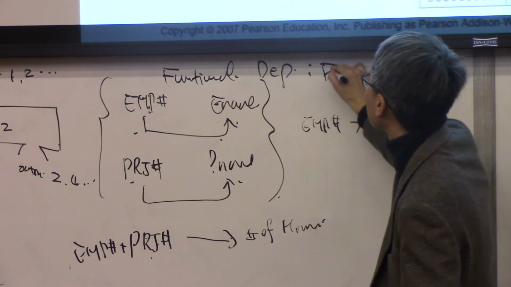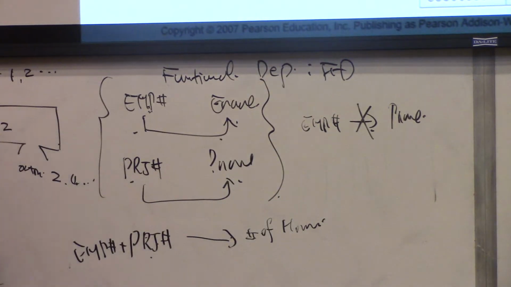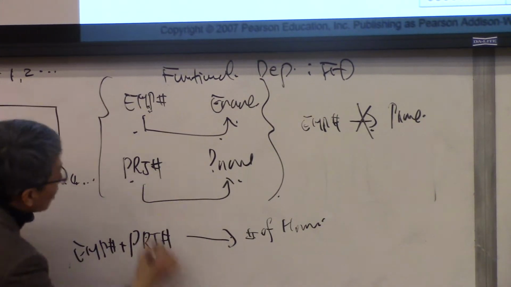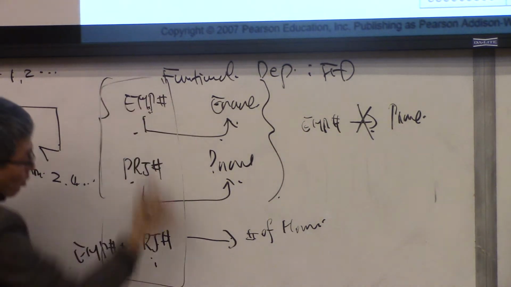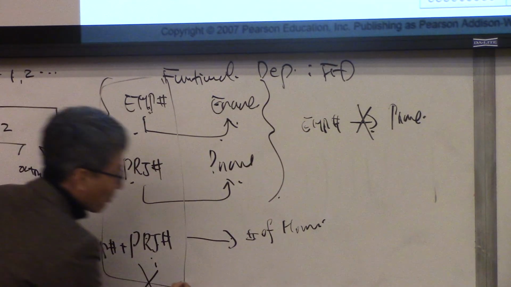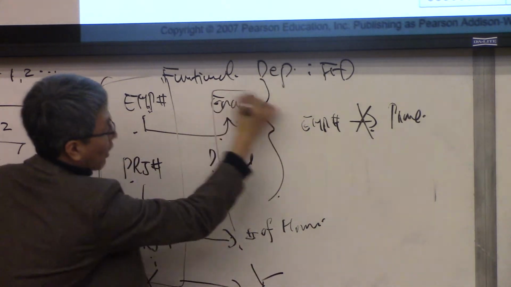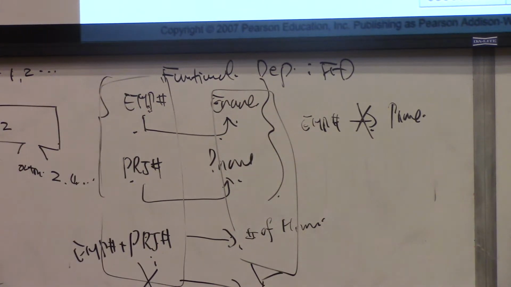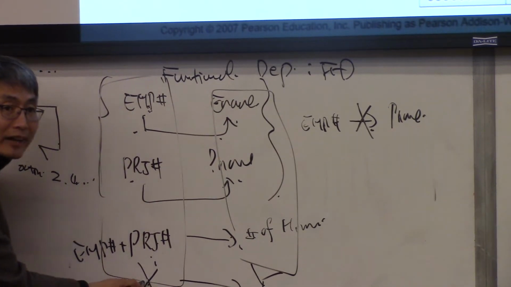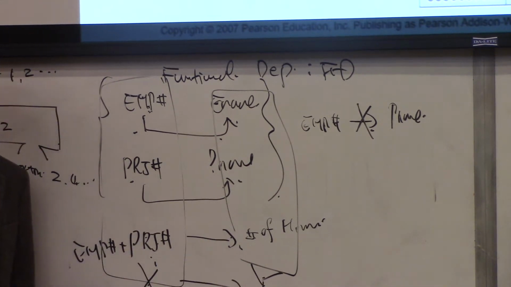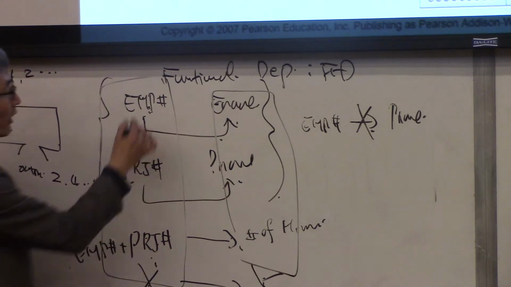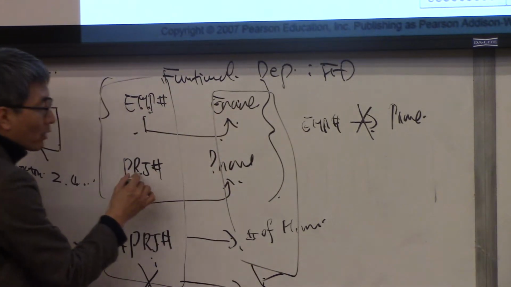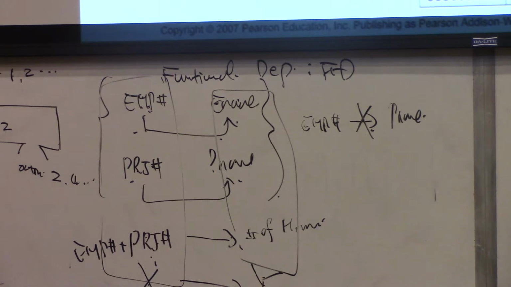In short, FD. Same as this one. This is this sign. It's called X determine Y. X is what? Set of attribute. A set of attribute determine another set of attribute. Employee number determine E name, project number determine this one, and so on.